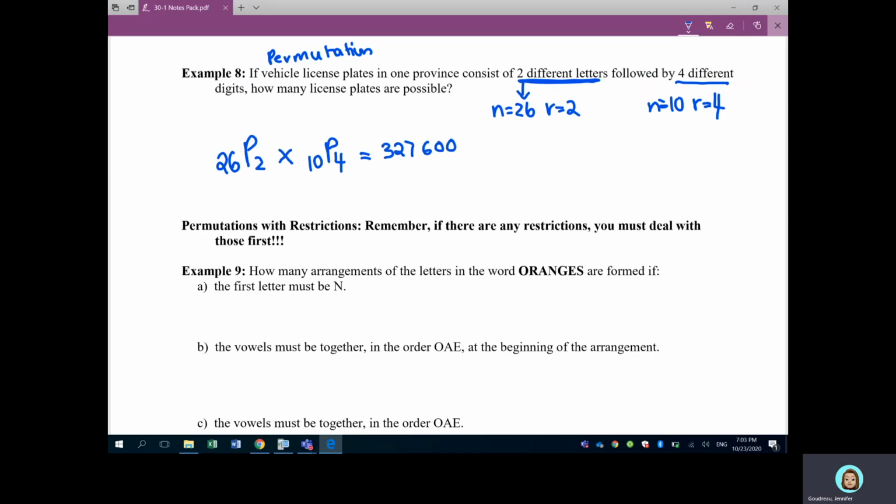And that's how you can use nPr to solve example 7 and example 8.